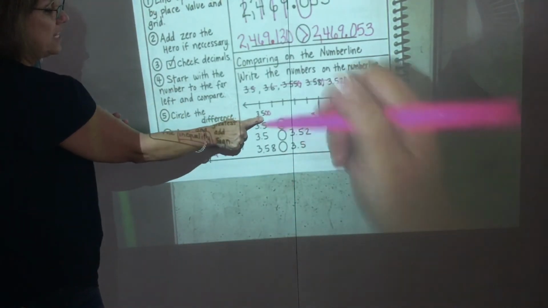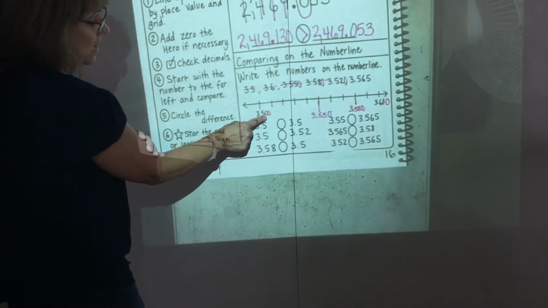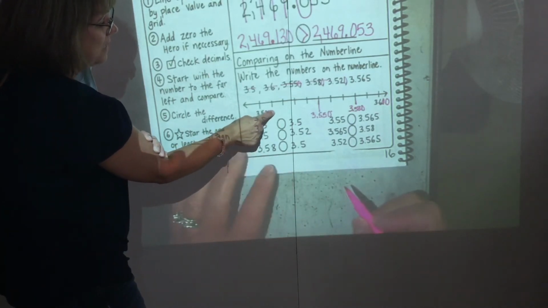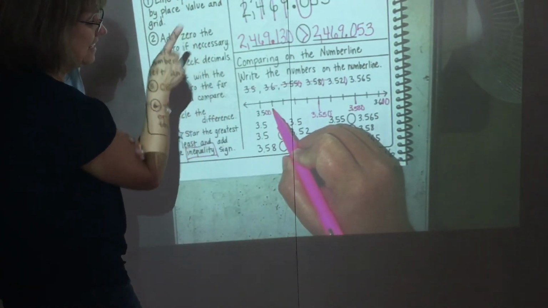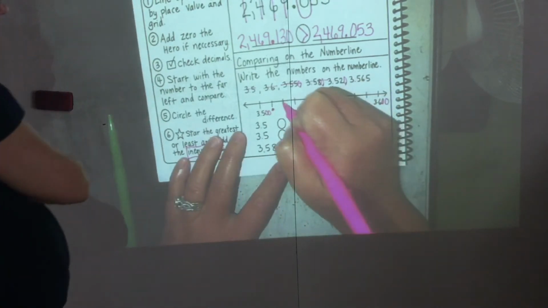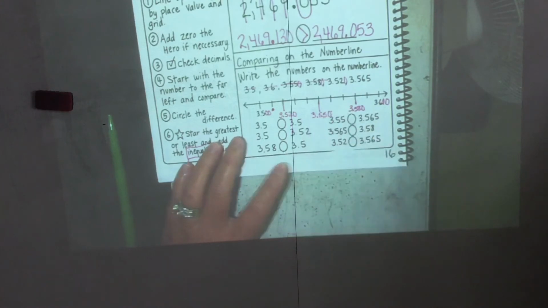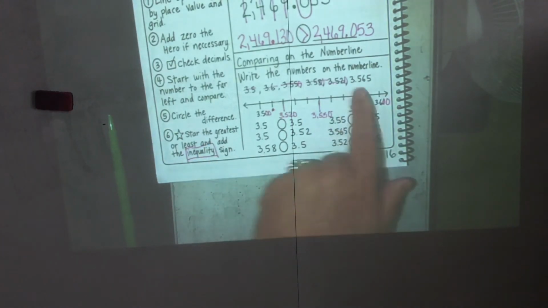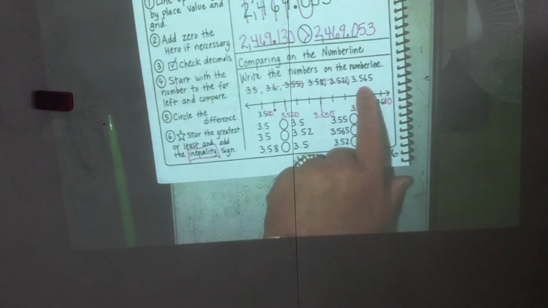Now we have 52. Well, if this one is 500 thousandths, this next would be 510, so this one would be 3.520. Ooh, we got that one. Now we have to do 3.565.